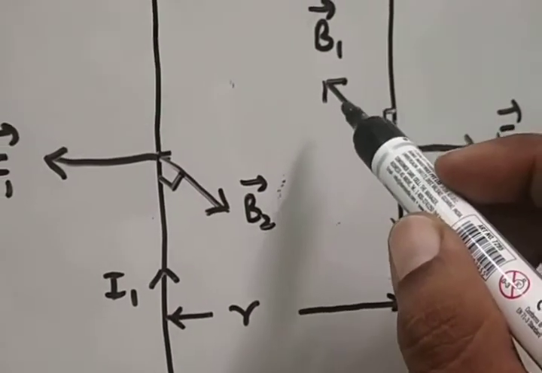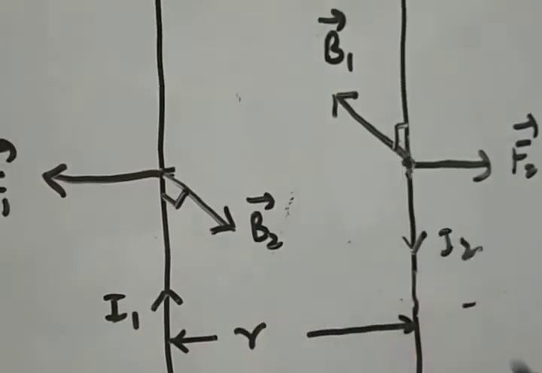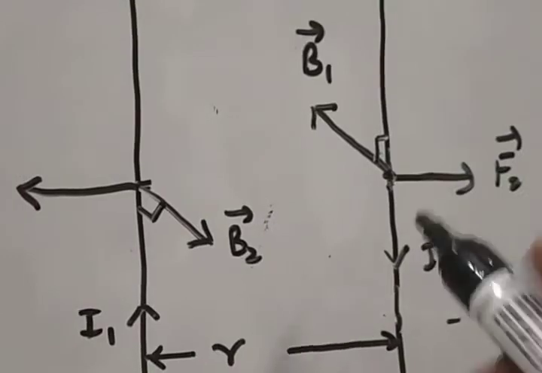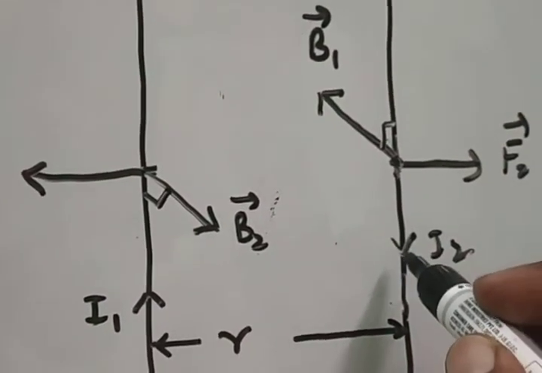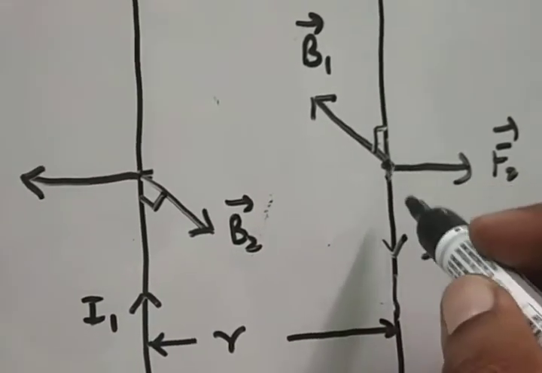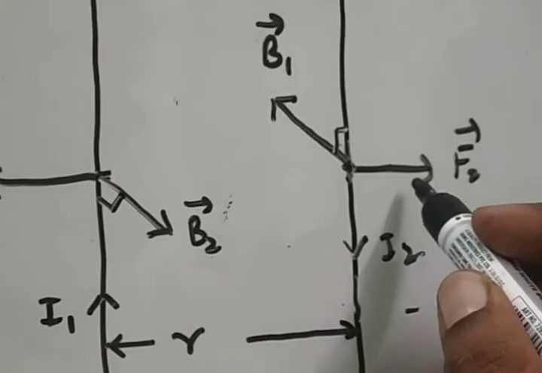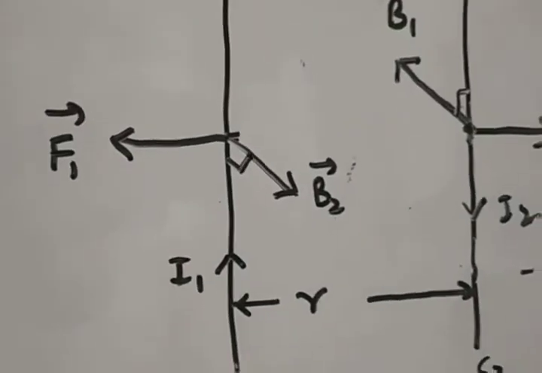Now the magnetic field B1 will be perpendicular and inwards, but as the direction is different, अब ये direction जो है current की downward है, we apply the Fleming's left hand rule and the force will be in the direction that is toward the right side.